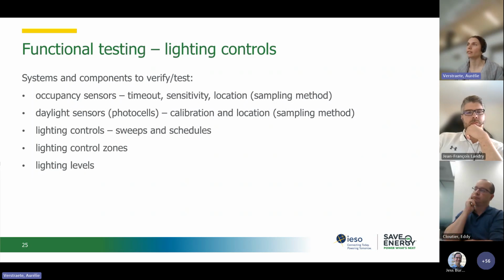But I agree with you, Aurelie. The first thing that will influence the sampling is usually the budget the client has for the investigation. So in your example, Jean-François, if you have 2,000 VAV boxes in the building, usually the client probably doesn't have the budget to cover functional tests on every VAV box.